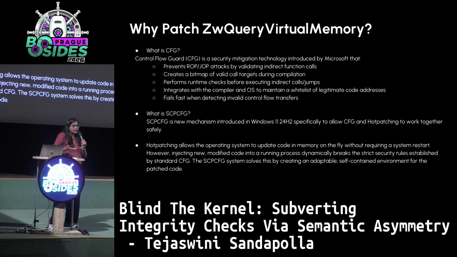How does it validate? It actually creates a bitmap of all the target addresses, and then it matches whether that indirect call is matching perfectly with the target address or not. So in CFG, you can imagine a guardrail, checking whether the call is going correctly or not. Now, hot patching also means you're making some changes to the code.